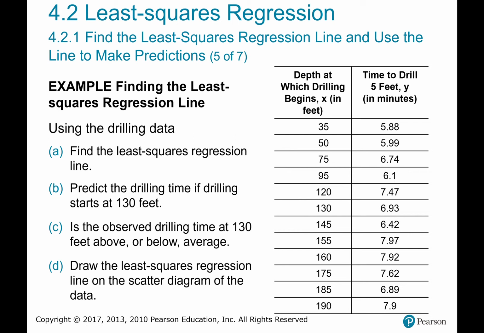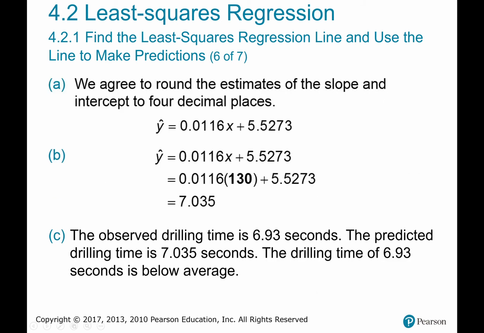Find the least square regression line. Predict the time drilling if it starts at 130 feet. Is the observed drilling time at 130 feet above or below the average? And then draw the least squares regression line on the scatter plot of the data. Round the estimates of the slope and intercept to 4 decimal places.